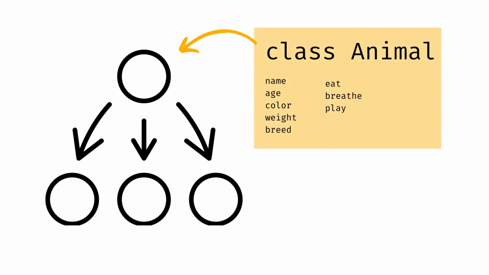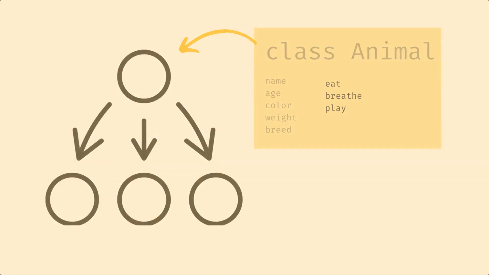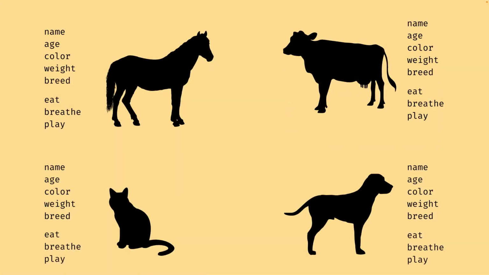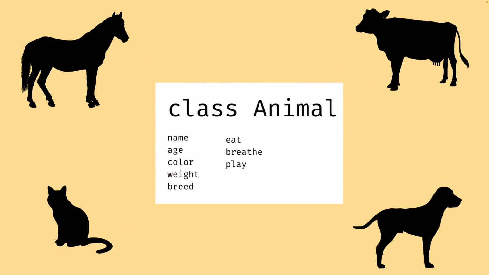So we can create an animal class and give it all the properties and methods that are shared amongst animals. This saves a lot of duplicate code. Instead of adding all the properties and methods to each of the classes, we just define the animal class and say that the others inherit from animal.